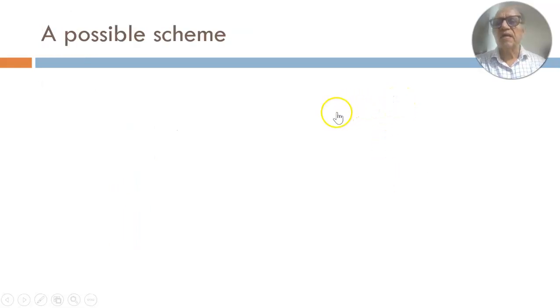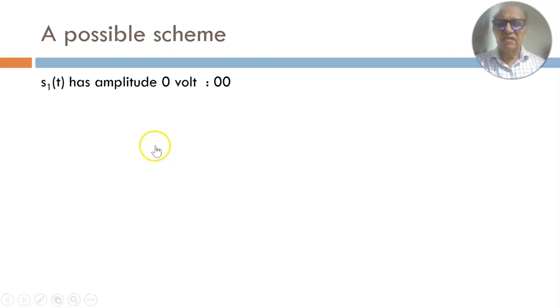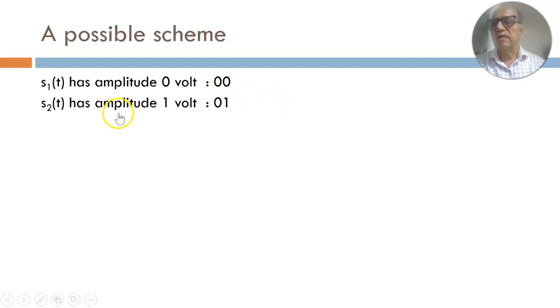Let us discuss a possible scheme. In general, you can have 4 different amplitudes. We are talking about a specific possible scheme in which s1(t) has amplitude 0 volts, and this is coding a sequence of binary digits which is 0 0. s2(t) represents the pattern of binary digits 0 1.